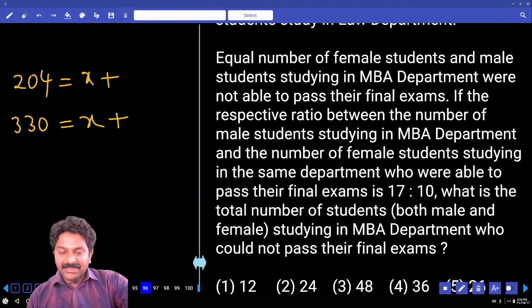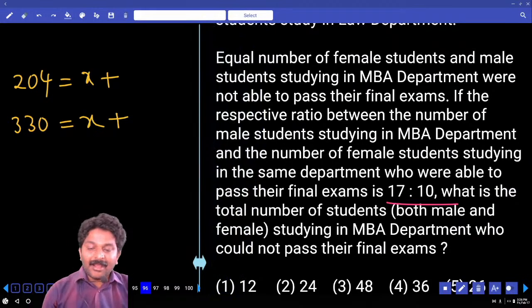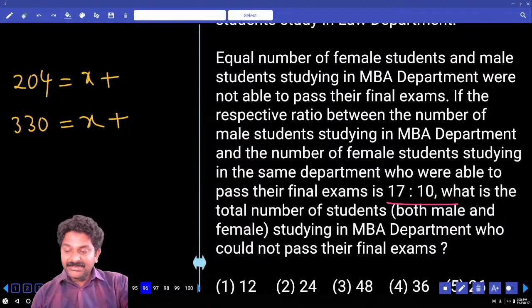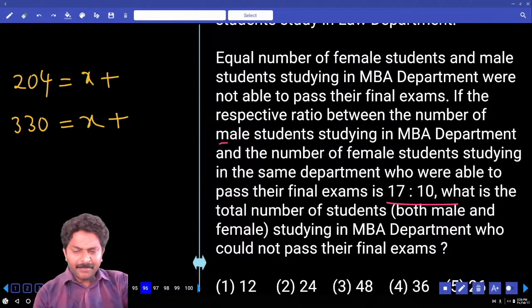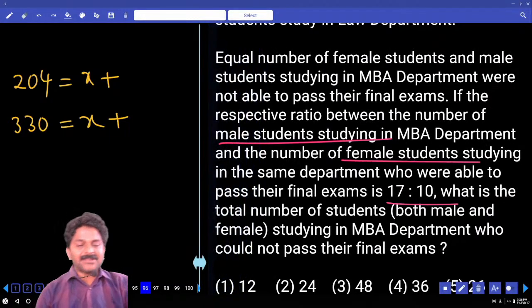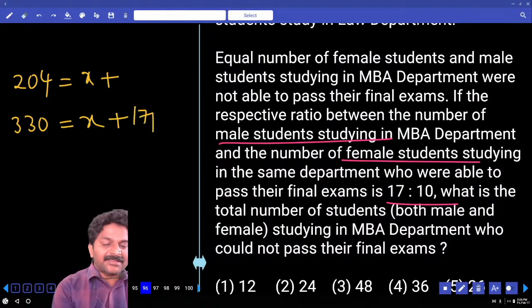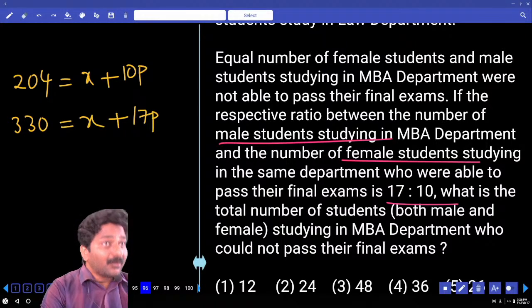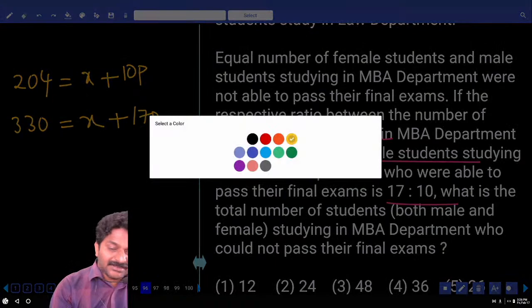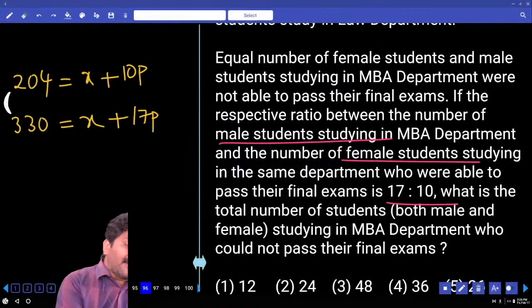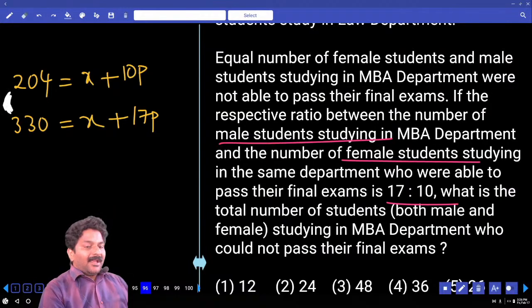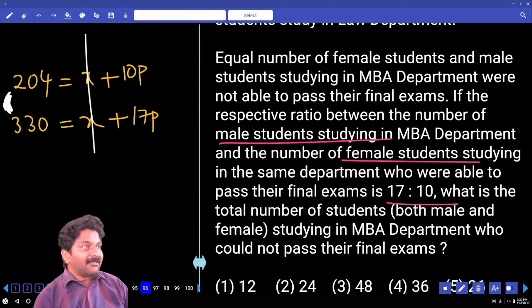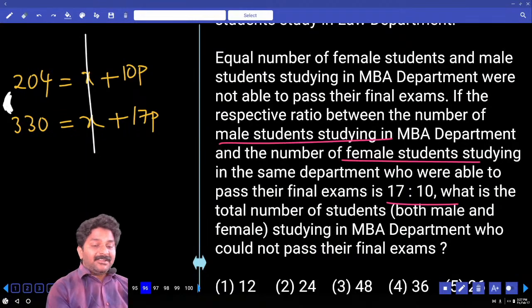Those who passed, it is 17:10. Order is important: male students and then female students. Here it is 17 parts and here it is 10 parts. Now what I was telling you: whenever the difference between the totals of two categories is there, and the failed number is equal, the same difference directly reflects the people who passed only.